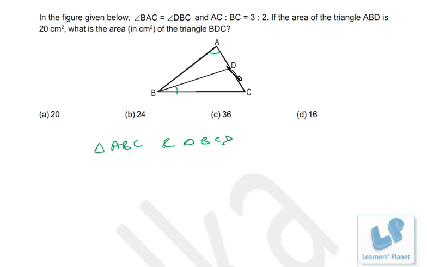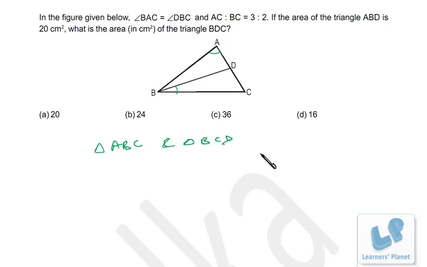Okay, now if the two triangles are similar, their sides must be in ratio. So we just put the sides in ratio. First of all, the side opposite to this angle, which is equal.